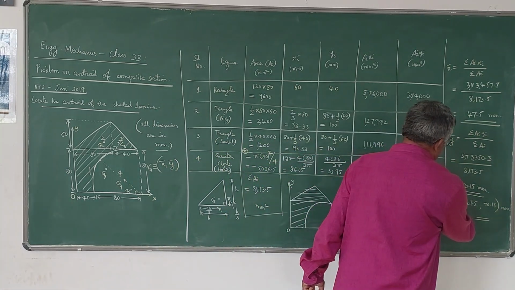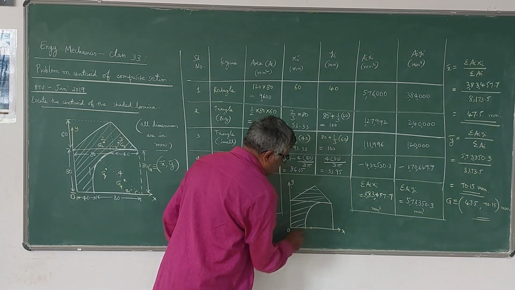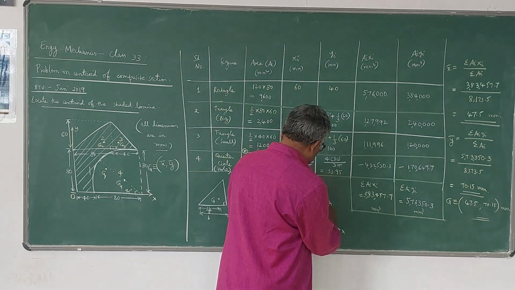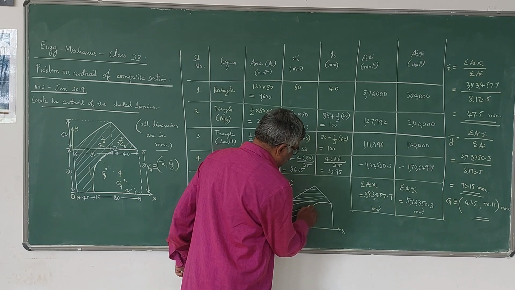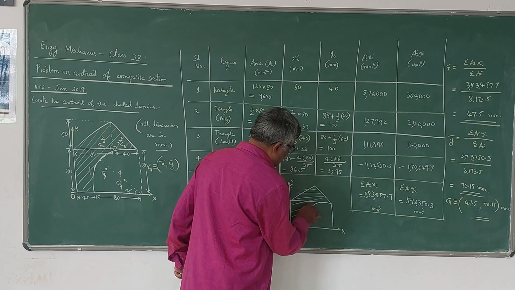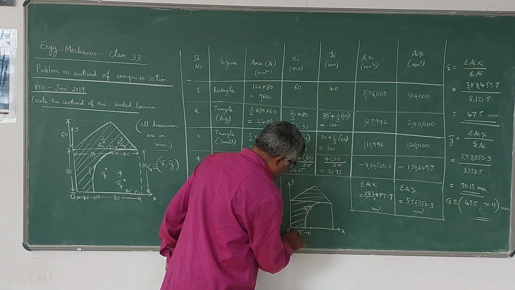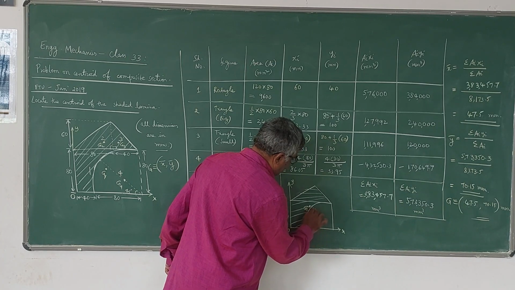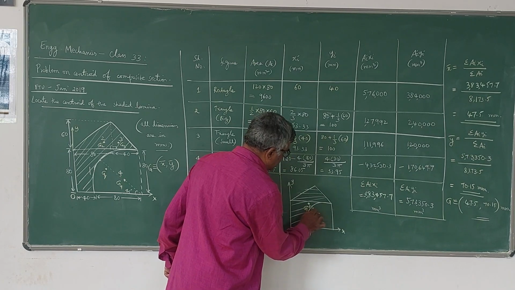So x bar is 47.5, 47.4 maybe somewhere here, and 70.15. Total is 80. So therefore, you can have your G somewhere here. So this is x bar, and this is y bar.